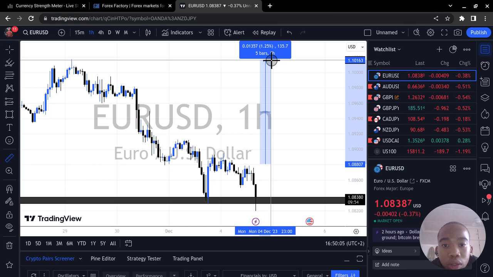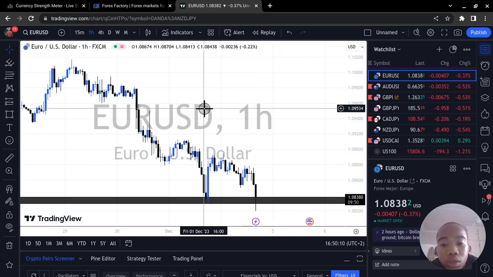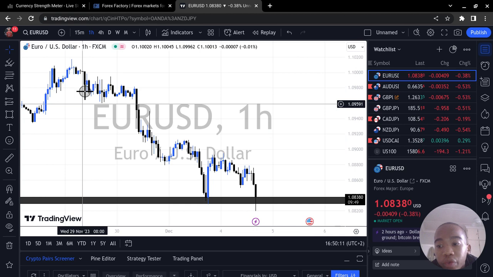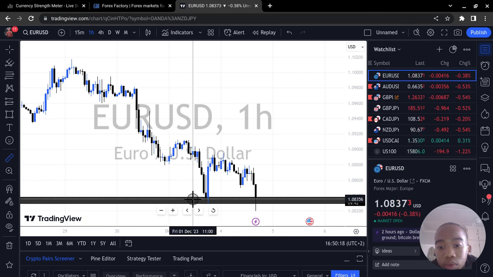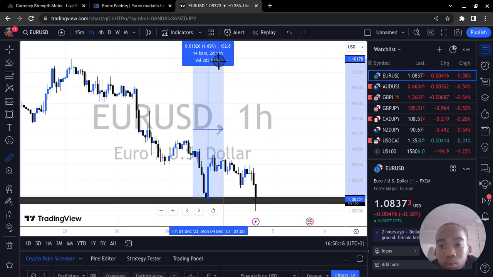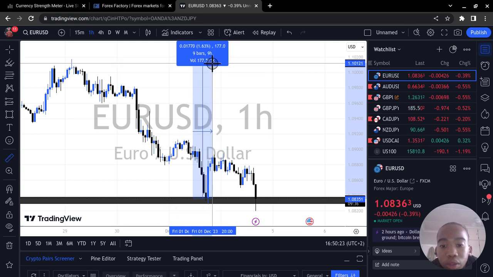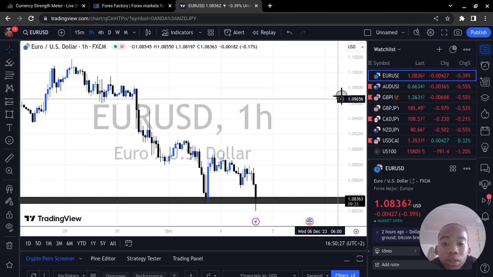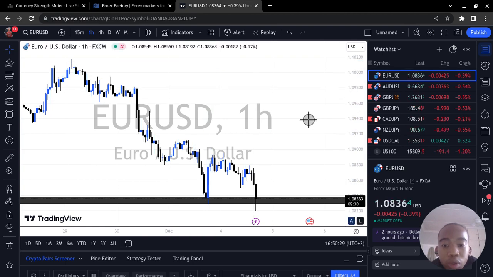So this move would be worth, no, let me measure from here. Actually, it would be fair to measure from here. So this move is 180 pips. See, that's a little bit more reasonable to enter.